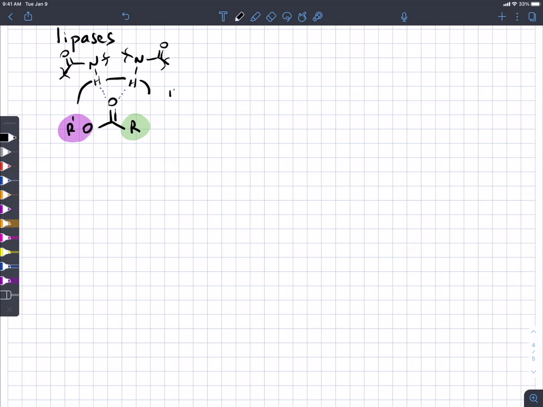And that hydrogen bonding activates the carboxylic acid derivative towards attack. Before, when we were hydrolyzing esters under acidic conditions, we talked about needing to protonate the carbonyl oxygen so that water could attack, right? And we're doing the same thing here, only we're not fully protonating the carbonyl carbon.